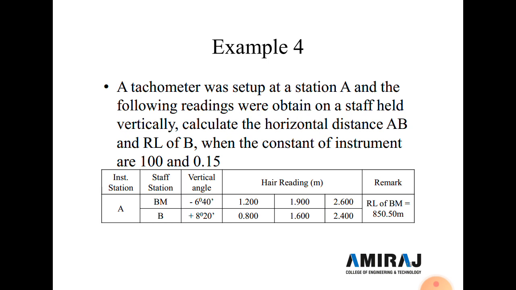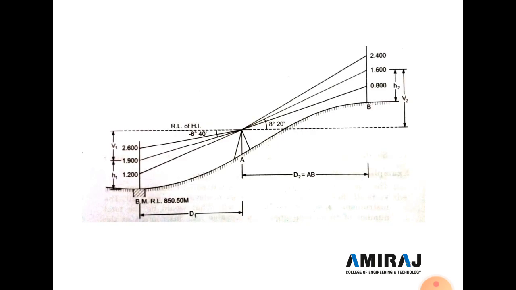Similarly at point B, the bottom reading is 0.80, center hair reading is 1.60, and top hair reading is 2.40. The RL of the benchmark is 850.50 meters. Now we find the horizontal distance between A and B and the RL of point B. See this figure: the instrument is set at a point, then the staff is held at the benchmark.